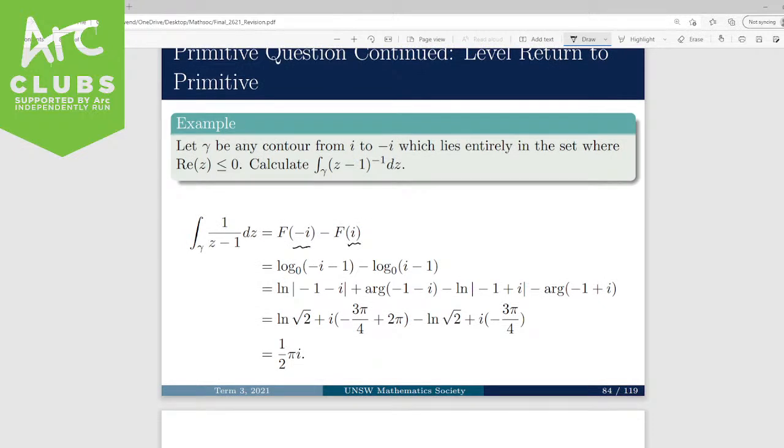You just have to remember the definition of log, and your restriction on argument these days is 0 to 2 pi instead of negative pi to pi. Hence this funky thing over here where you had to add an extra 2 pi to your principal argument in order to fit your argument within 0 to 2 pi. But ultimately you can just figure that out now.